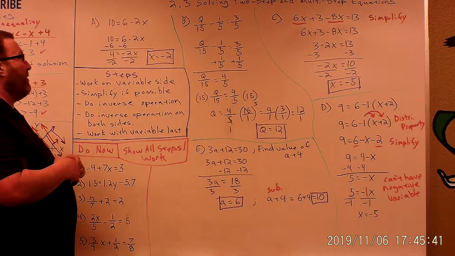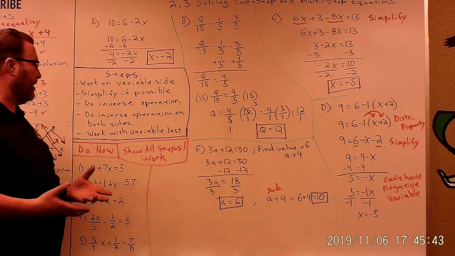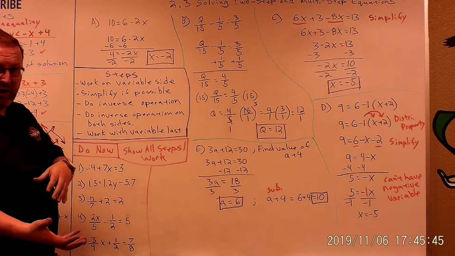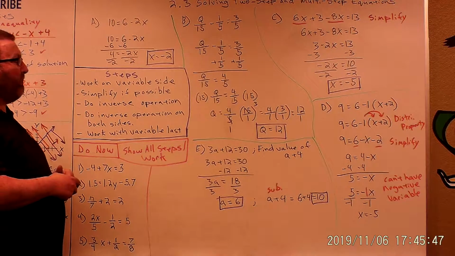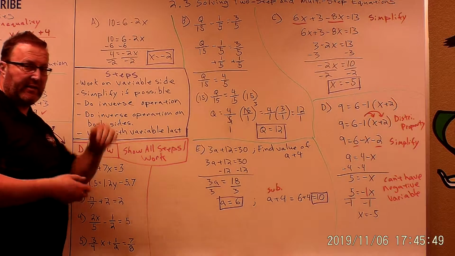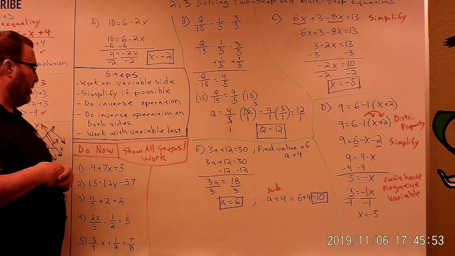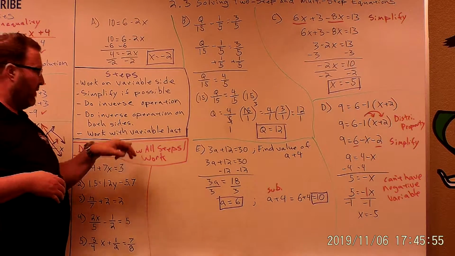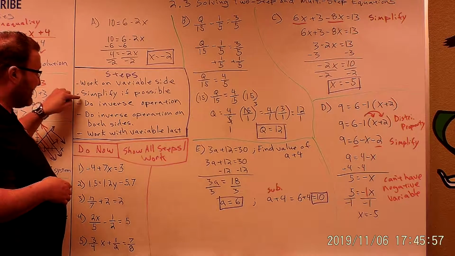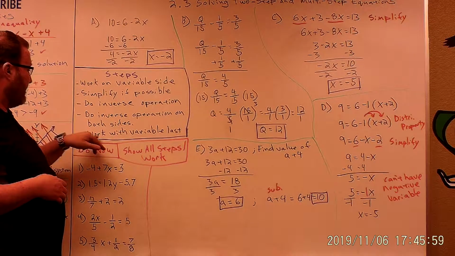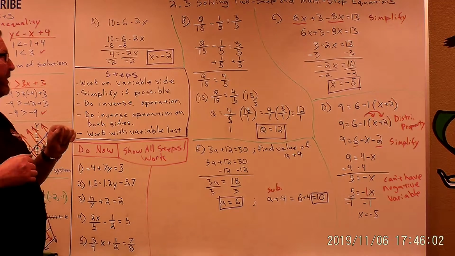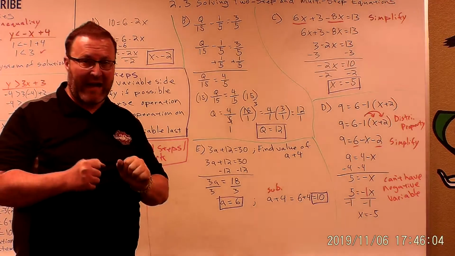So we're doing whatever the opposite of the operation is, keeping the problem balanced on the other side of the equal sign. So we're doing the inverse operations on both sides. Now, this is kind of what's new. One, simplifying if possible, and then the last one, work with the variable last.